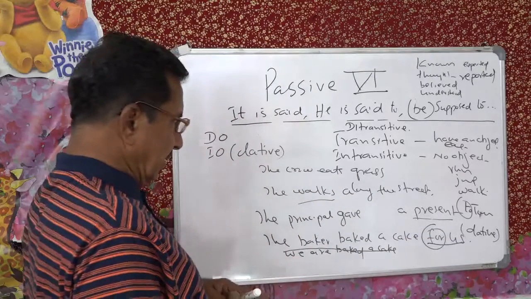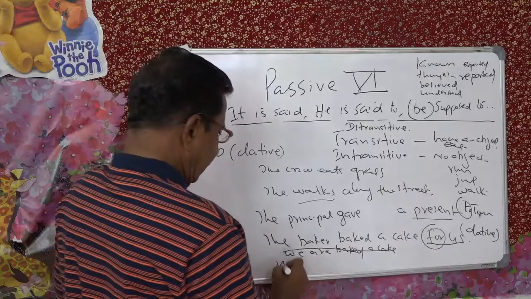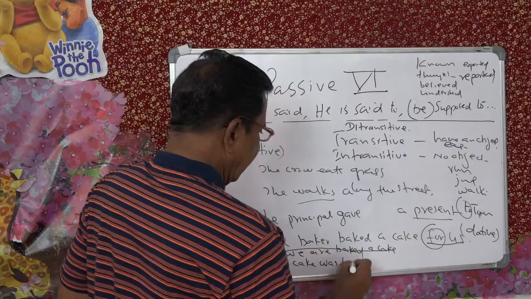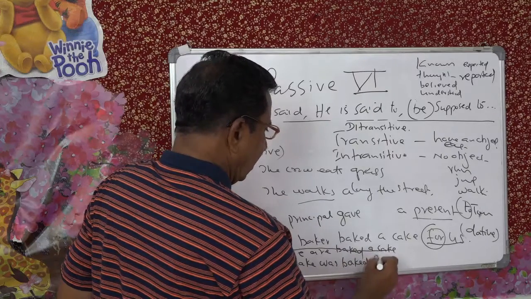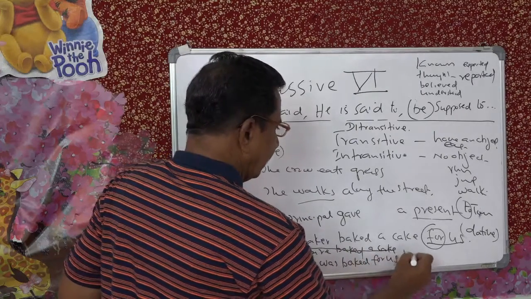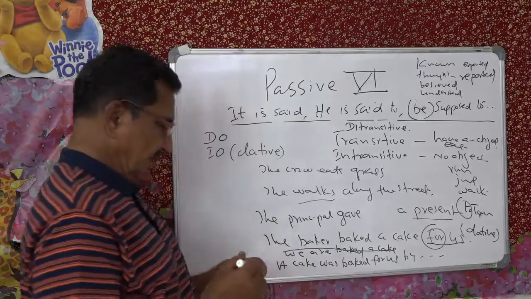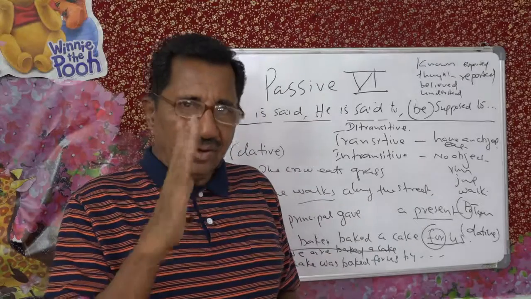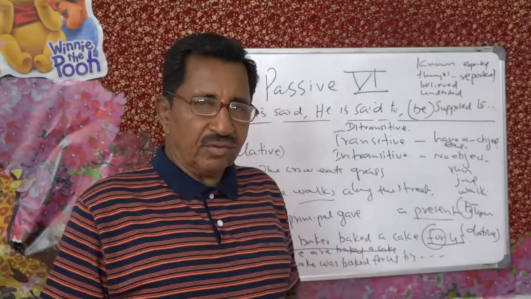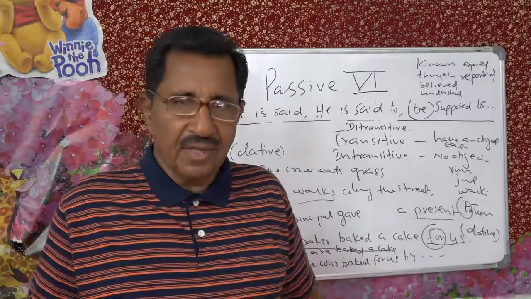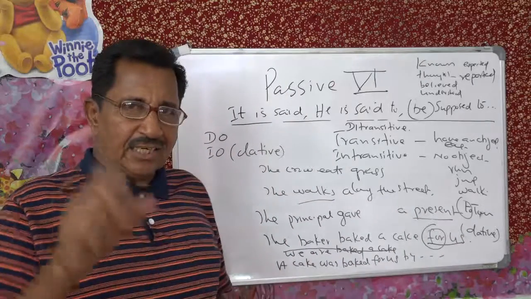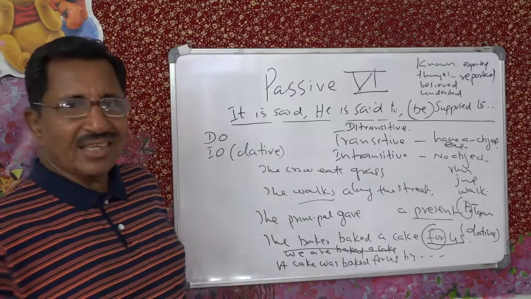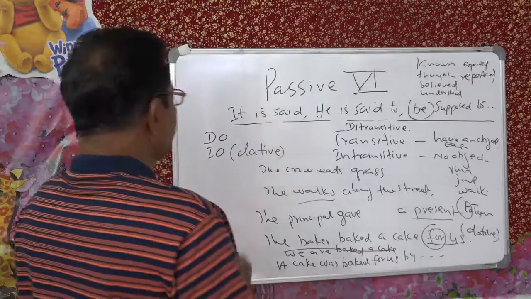So you have to say like this: a cake was baked for us by etc. So dative movement in passive is very important, because when the dative is with for, you should not move it. If you move it, you will get a monstrous sentence or an aberration. Did you get that? So these are some general remarks.